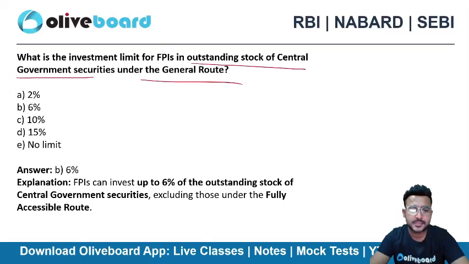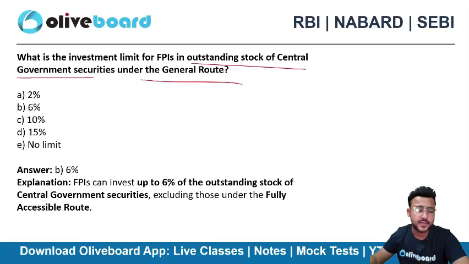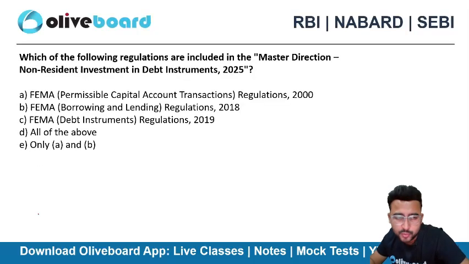The correct answer here is 6%. So FPI can now invest up to 6% of the outstanding stock of central government securities, excluding those under the fully accessible route as well.